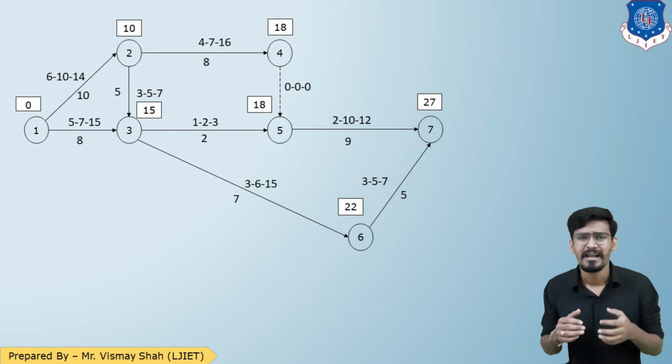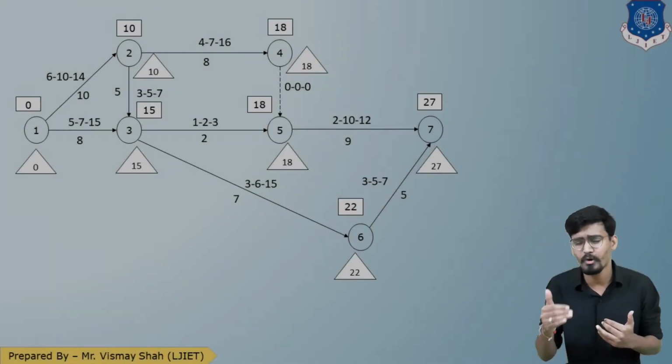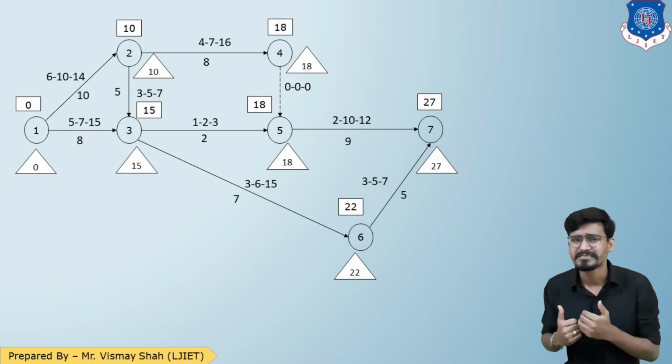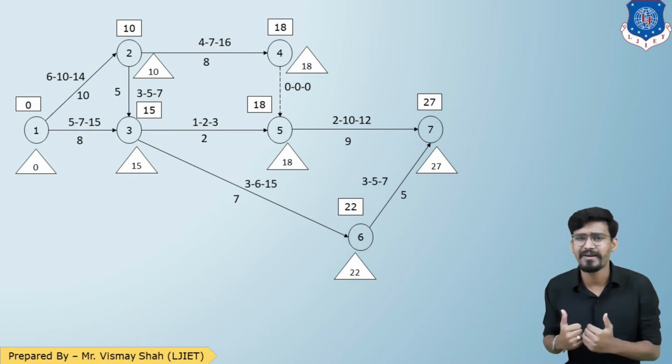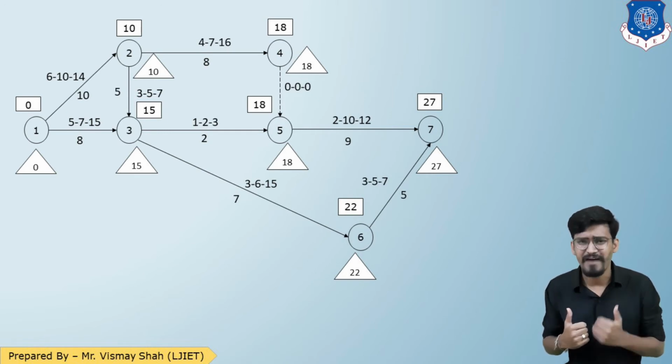And hence now let us do the backward calculation. Again we'll start from 27 above, so 27 below. Then 7 to 6: 27 minus 5, so 22. Now for 5, from 7 to 5: 27 minus 9, 18.